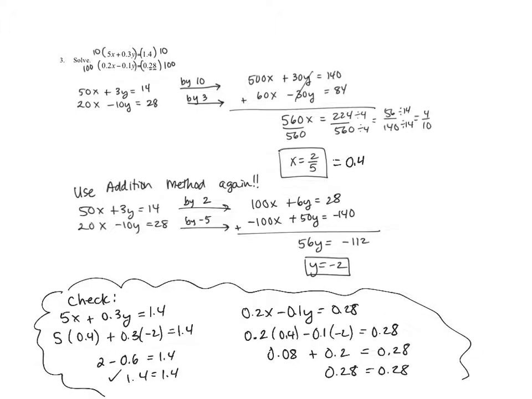So instead of 2/5, I would just use 4/10, 0.4, and then just plug those back in, and that works. Okay, so using addition method twice is a great strategy if you've got a fraction. So the solution here would be 0.4 or 2/5, and then the y value is -2.